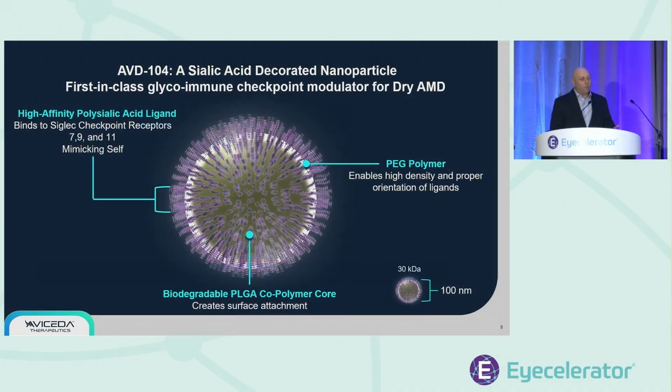And so what we've developed here is a glycan-coated nanoparticle, which contains really multiple different components, a bioerodible PLGA polymer core. On the outside of that is decorated with high-affinity sialic acid ligands. These bind to Siglec 7, 9, and 11, and it's important that they're oriented and have the right density.